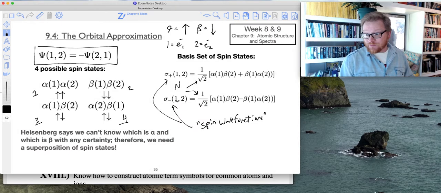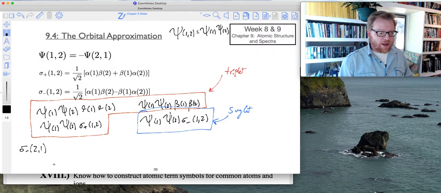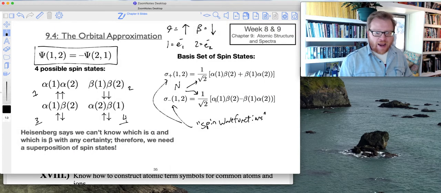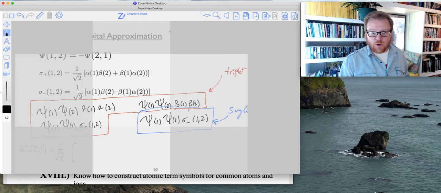So what happens when we switch those positions? Well, when we switch those positions, I get the following: 1 over root 2 of, and now follow me here, right? So this is going to become now alpha 2, beta 1, and this one's going to become minus beta 2, alpha 1.